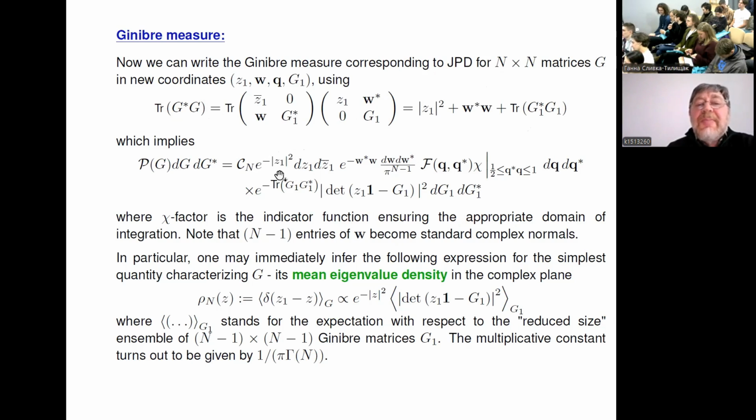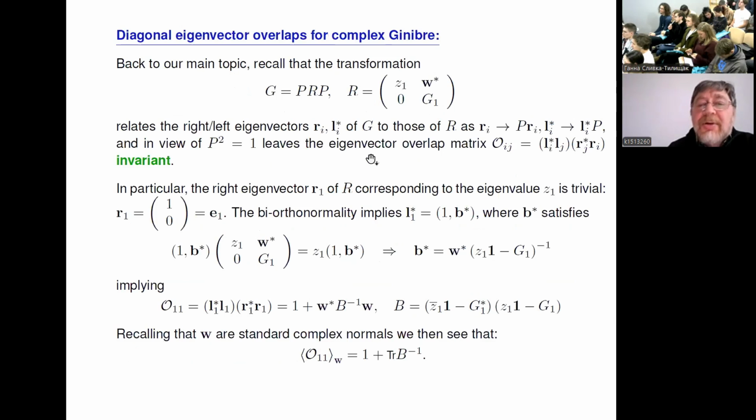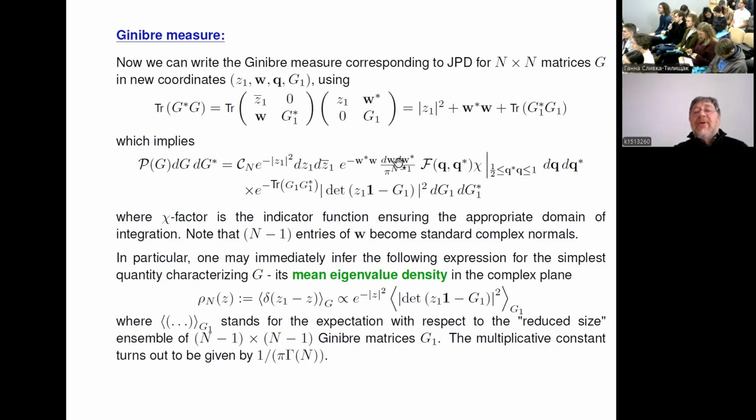This Ginibre measure separates: in fact, there is a Gaussian factor for the eigenvalue, then again a Gaussian factor for W. So we see that the entries of this vector W are just standard normal variables, because basically the probability density just factorizes.